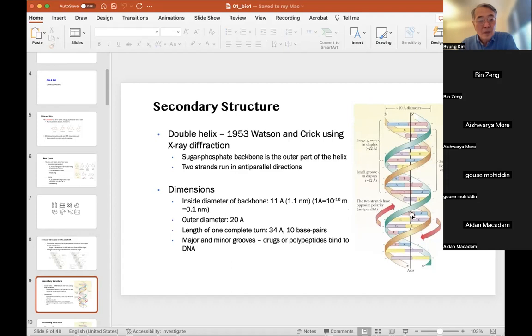If you look at the dimensions of the double helix structure, the outer diameter is about 20 angstrom. An angstrom is 0.1 nanometer, basically, so 10 to the power of negative 10 meter.